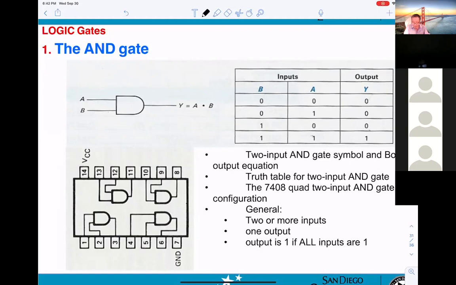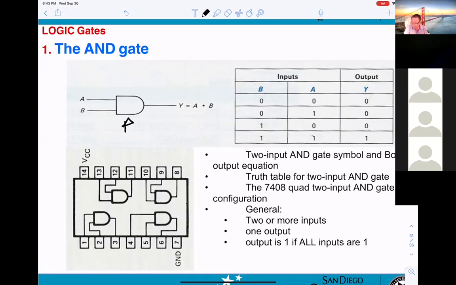This is the symbol for the AND gate. They get two inputs, A and B, and the output equation will be equal to A times B. When you're looking at that symbol, you have to know this is the AND.